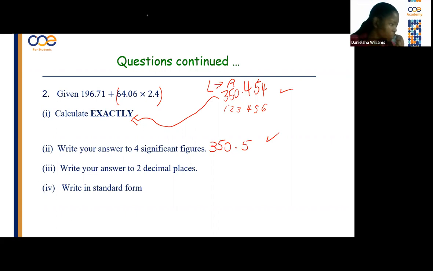When you're writing decimal places, we're not changing the value. We're just writing it in a condensed format. So instead of moving anything or moving your digits, we're actually shortening the number of decimal places that we have without changing the value.